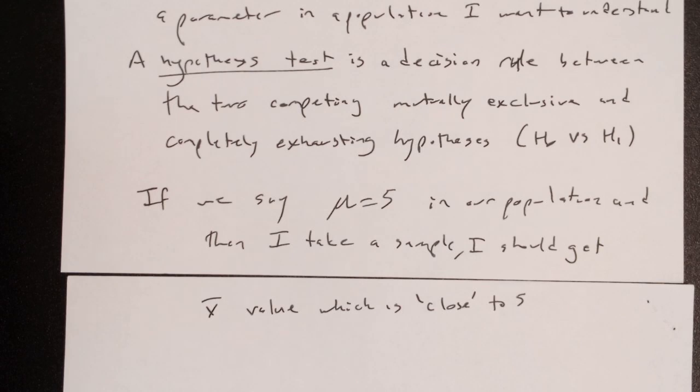There's my decision rule. My decision can be made about the sampling distribution of my mean or my proportion, depending on what I'm looking at.